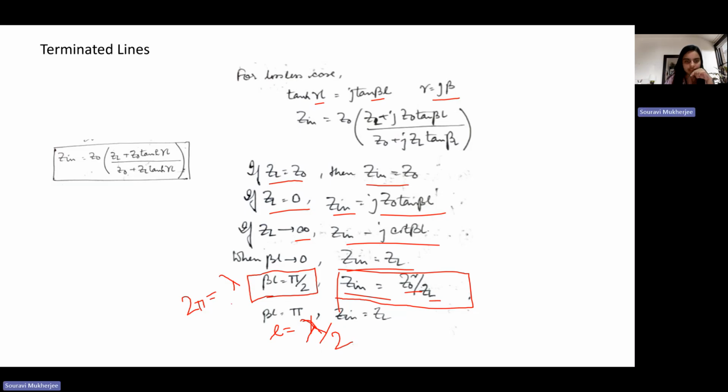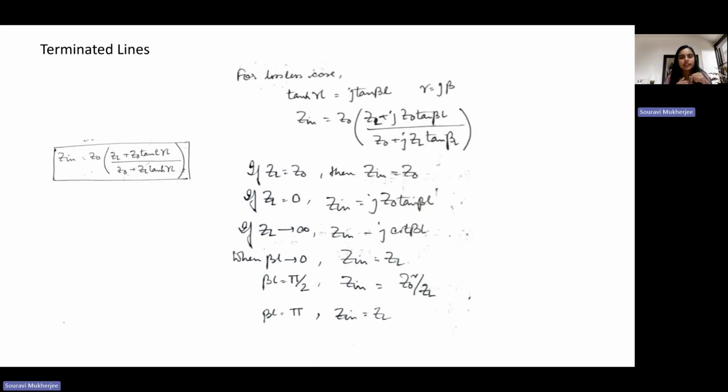So here the length is equal to lambda by 4, for this case it's lambda by 4, and for this case it's lambda by 2. And here you can again see Zin becomes equal to ZL. So based on the length of your transmission line, all these different conditions can come up. Out of that, this is a very widely used one. All of them are, but this is also very popular.